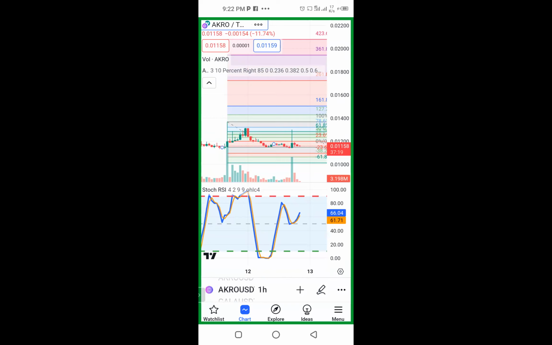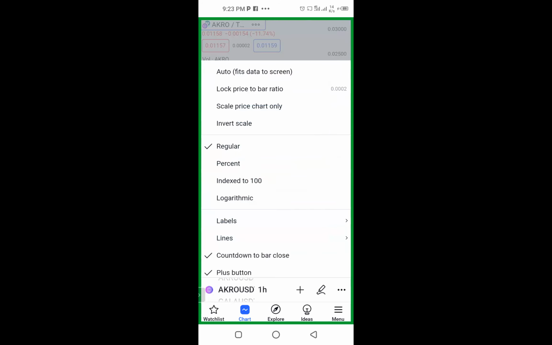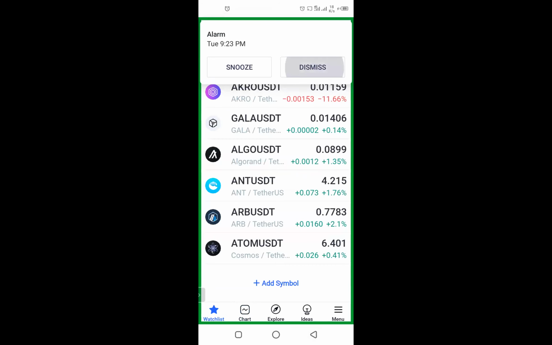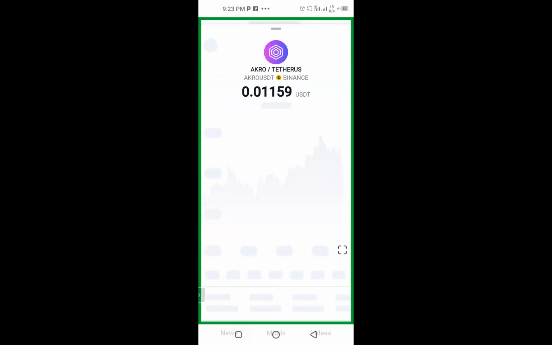Now let me give you one tip. You see that place on the right where you have the price, the 0.0, 0 point something. Just put one finger on it and drag it down. Just don't tap. Now you are going out of where we were. Click on chat, please.